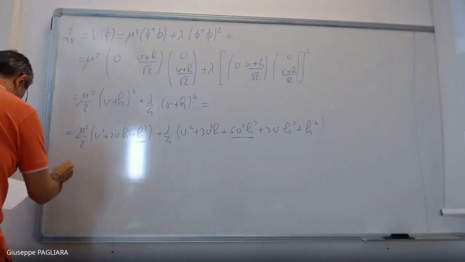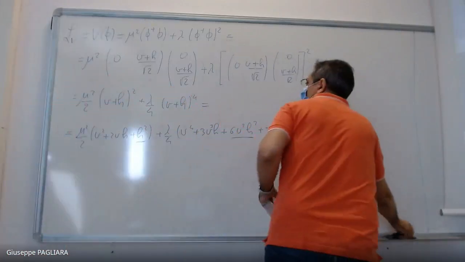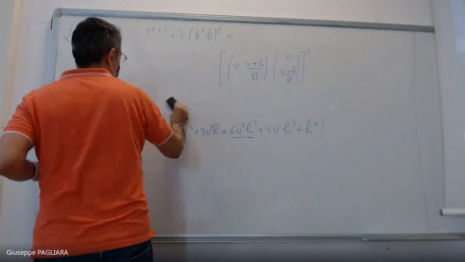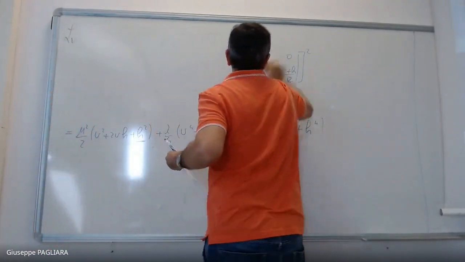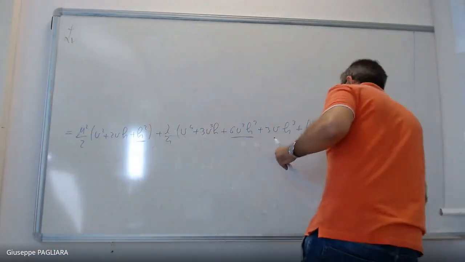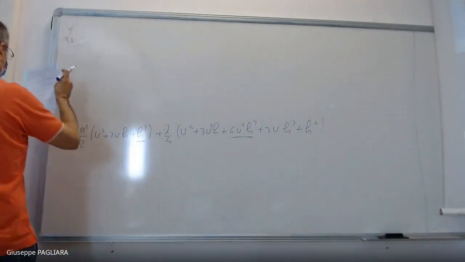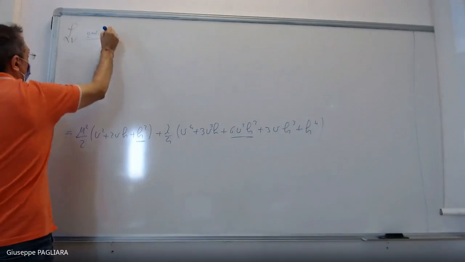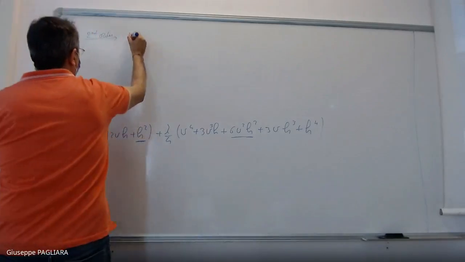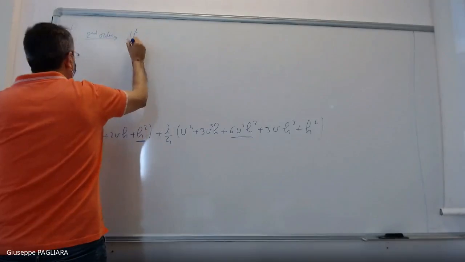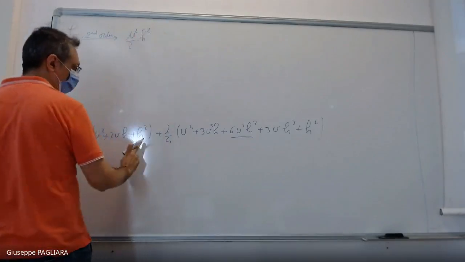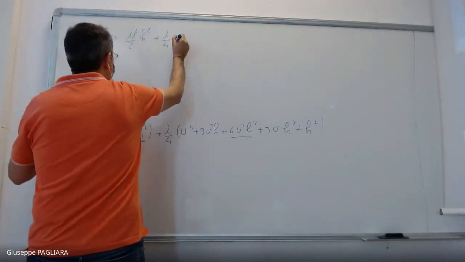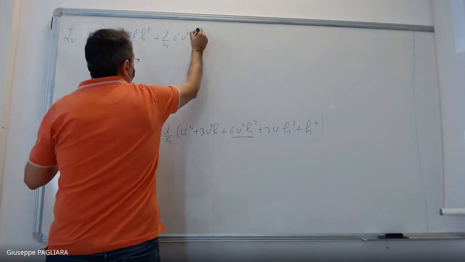So when we concern ourselves only with the quadratic terms, second order only, we have just mu squared divided by 2 h squared, which is this term here, and then we have this term here, plus lambda over 4 v squared h squared.